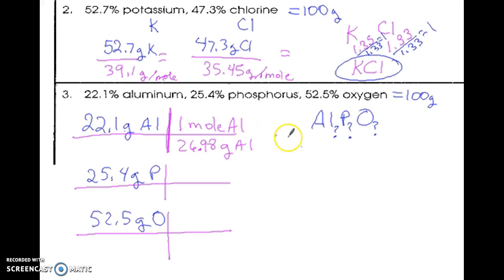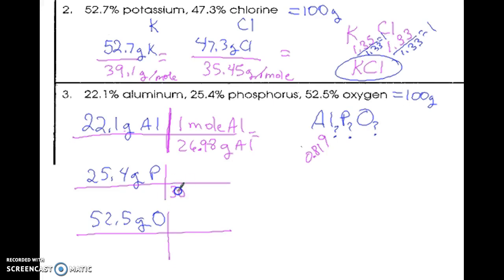So this number is going to give me my mole ratio, and then I have to make it into the simplest form. Once I take the 22.1 and divide it by 26.98, I get 0.819 moles of aluminum.